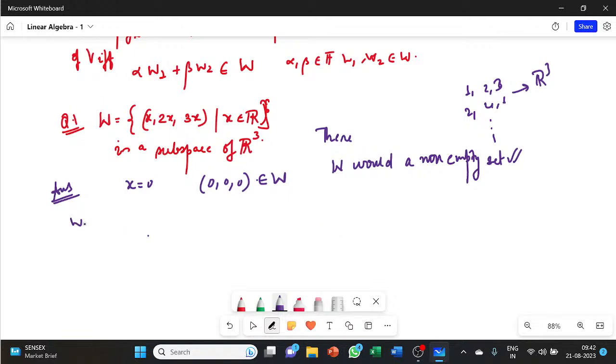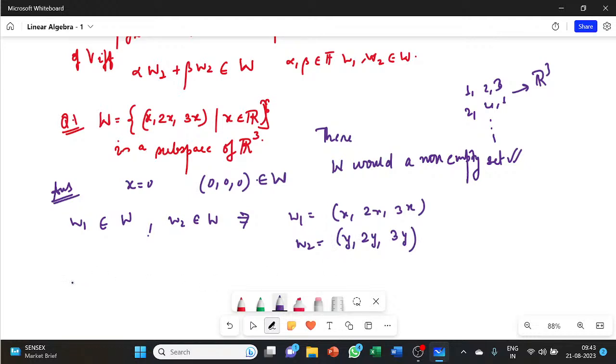Now, if W1 belongs to W and W2 belongs to W, what does it mean? Let's say I have W1 as (x, 2x, 3x) and W2 equal to (y, 2y, 3y).